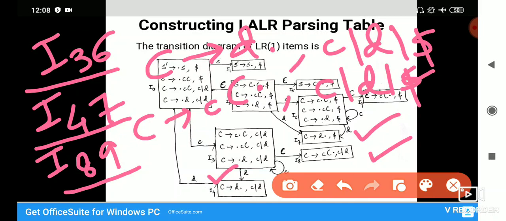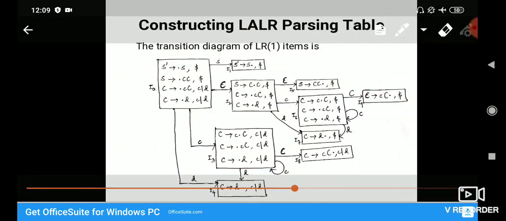Only the second component is different. For that, we do the union of these second components. As you can see, in I3 or I4 or I8, the second component element was C by D, and I6's second component was dollar, so we combine it as C by D by dollar. So this is what is said over there.